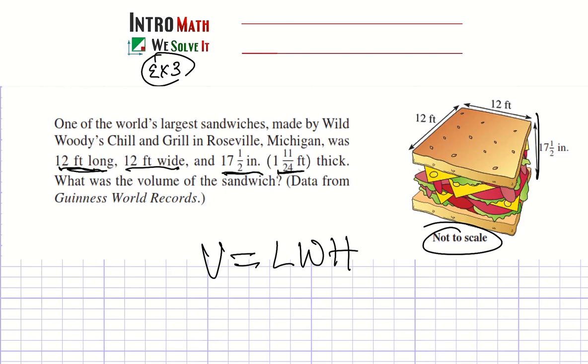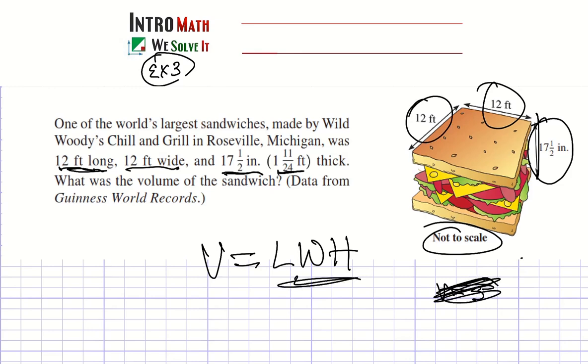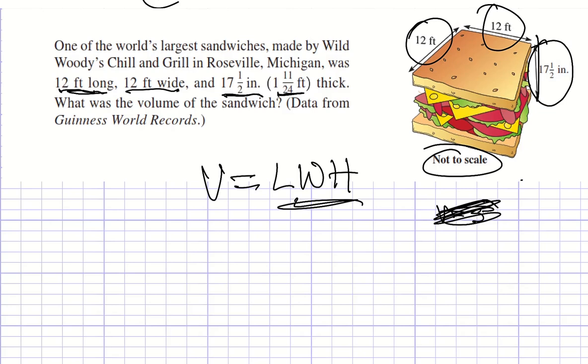For a cube, the three sides are the same. So this is not a cube because the three sides are not the same. You see that, right? So this has to be the volume there. So we substitute what is given to us. That's all we gotta do, man. You substitute what is given to you.